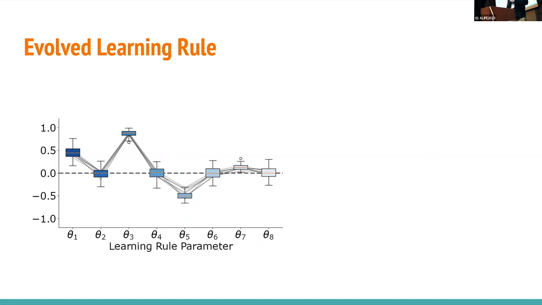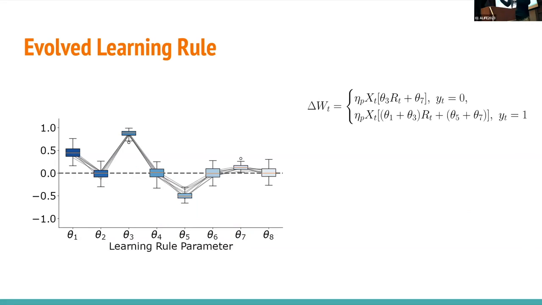So now, since the prediction y is binary, we can write the learning rule like this. There are two different versions of it. And in general, this can be simplified this way. So we have again presynaptic activity, and then a reward bounded by something. In the previous iteration, the reward was bounded by the prediction. Now it's bounded by a different quantity that depends on the prediction, so it depends on the y, but changes.